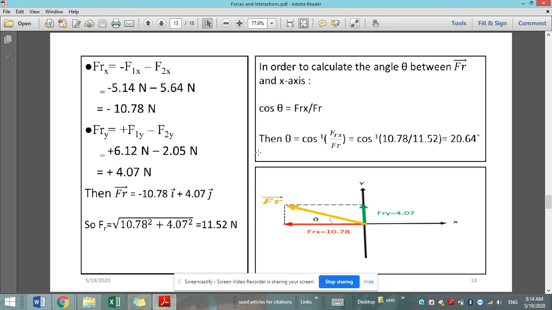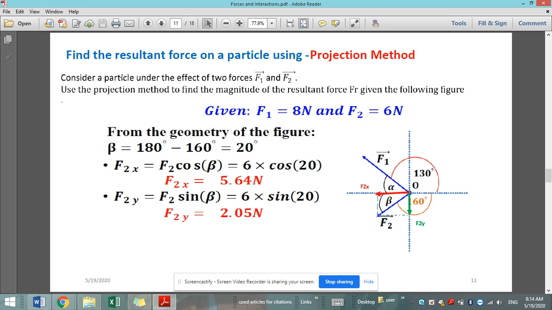Now, to find the resultant force of these two forces, we have to sum the horizontal components on one side alone and the y components on the other side alone, because we cannot add a horizontal vector with a vertical one. So Frx, let us just check the projections that we did.